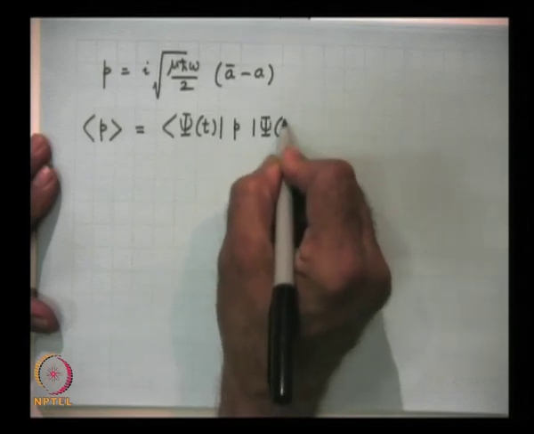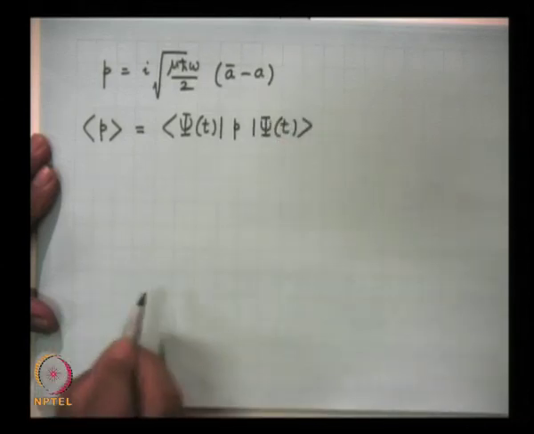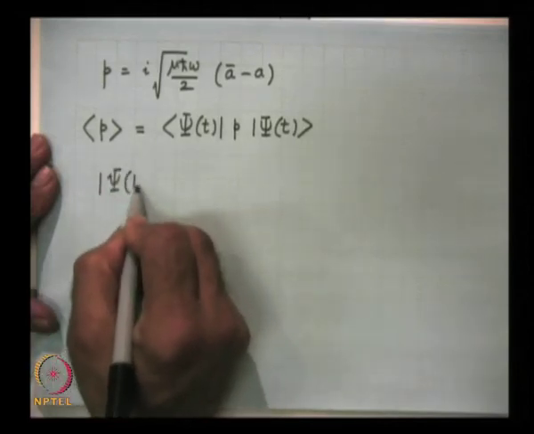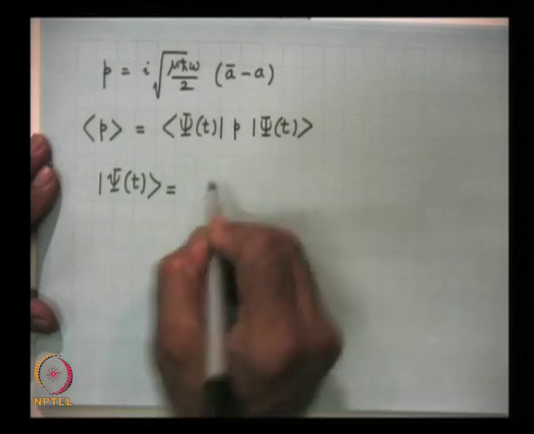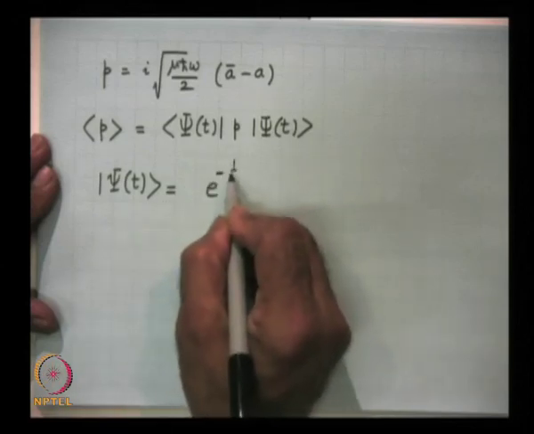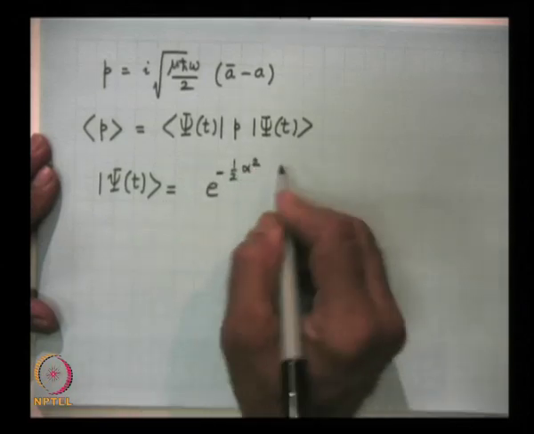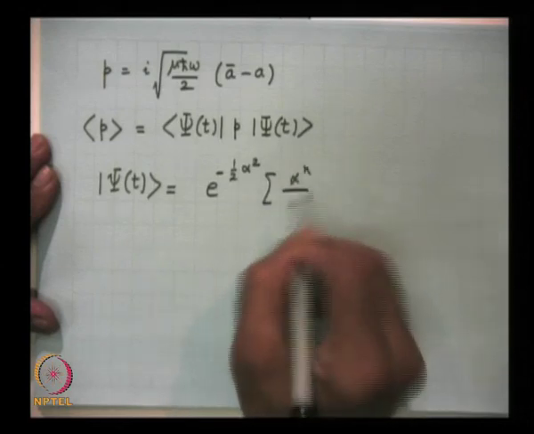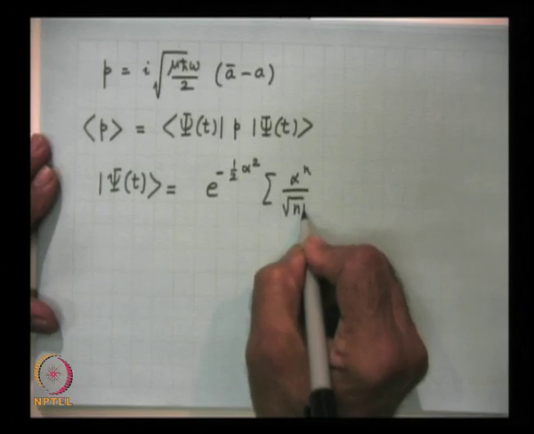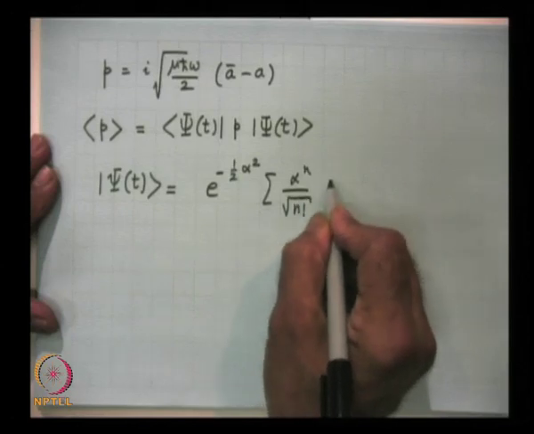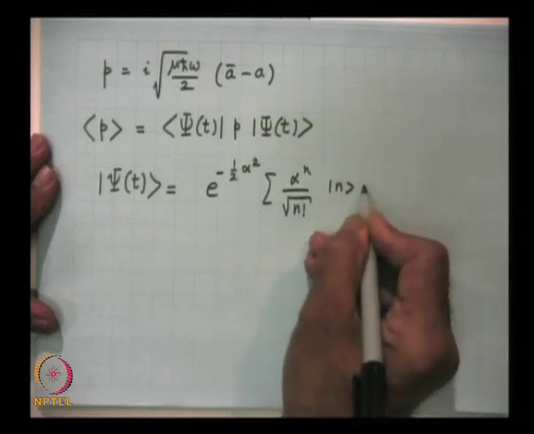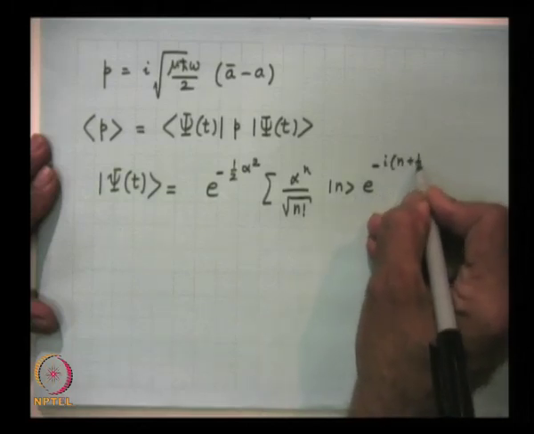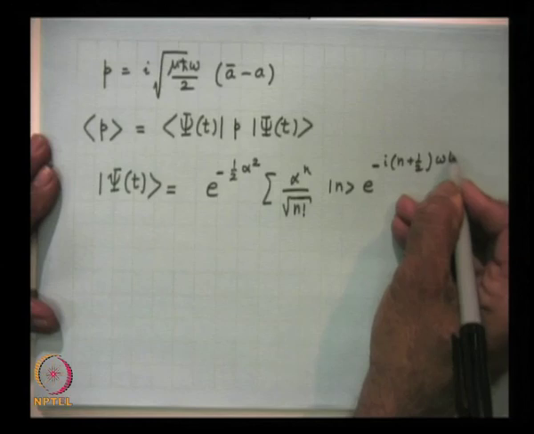We know what psi t is. It is equal to e to the power of minus half alpha square, summation alpha to the power of n divided by square root of n factorial multiplied by ket n, e to the power of minus I n plus half omega t.